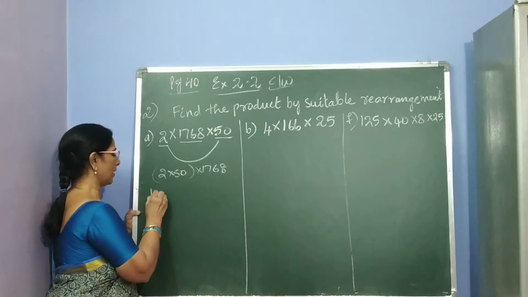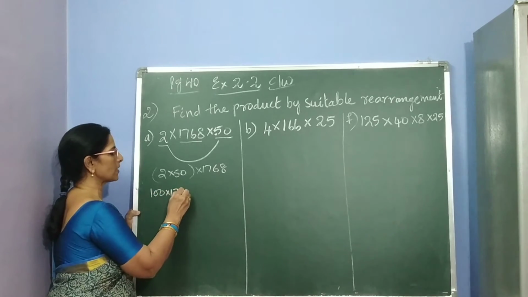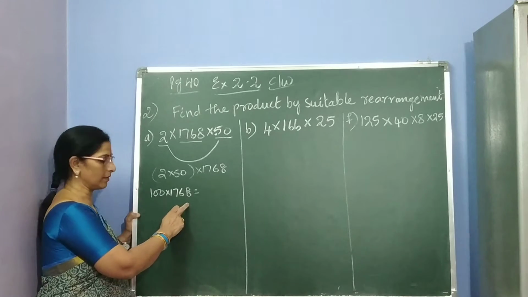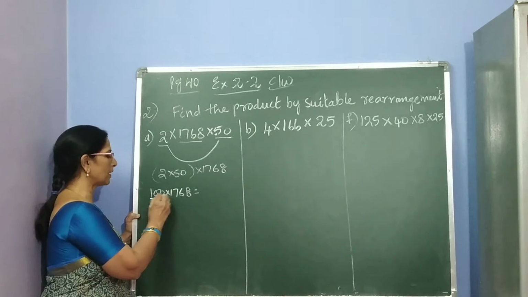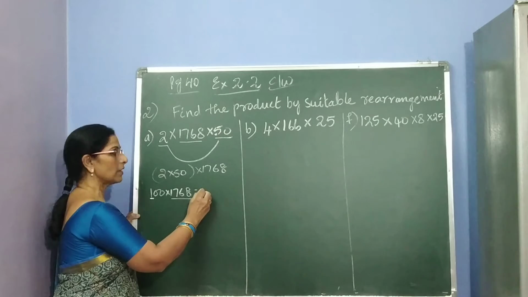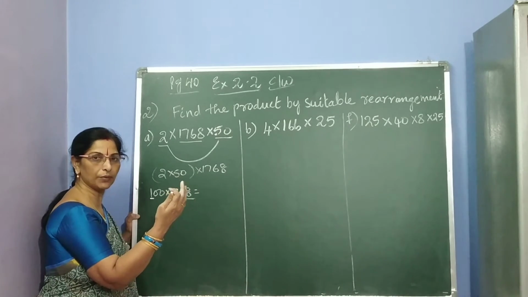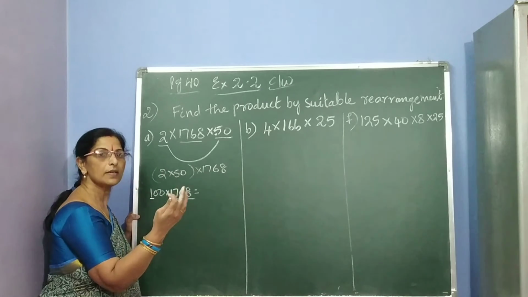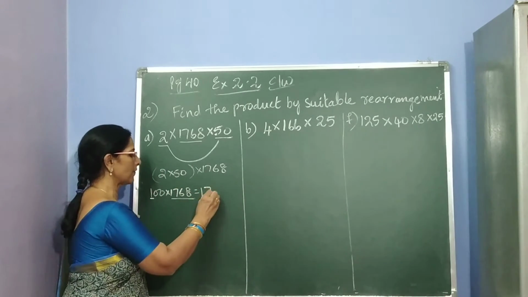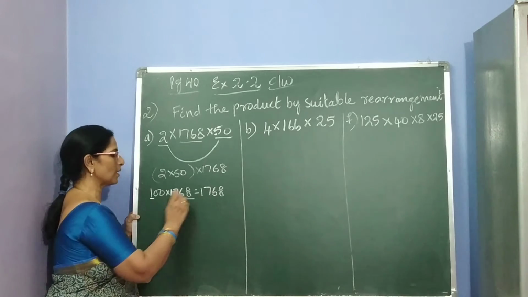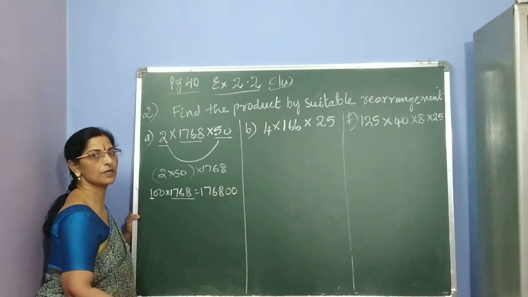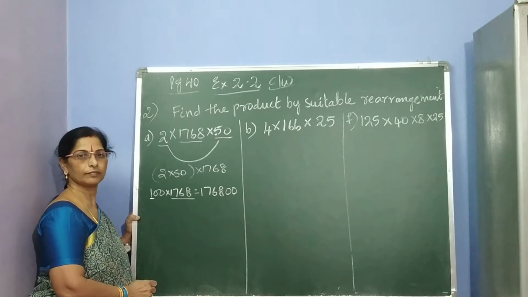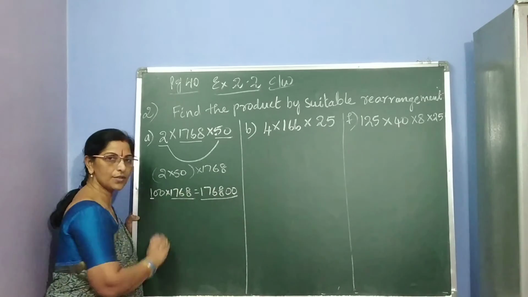Think this, multiply this number with 1. You learned the multiplicative identity: when any whole number is multiplied by 1, the product is the number itself. So 1, 7, 6, 8. How many zeros? Insert those many zeros. This is your answer. Do you understand, children?